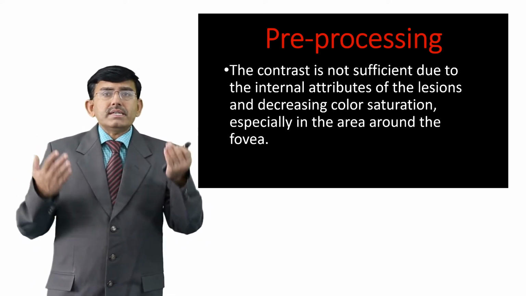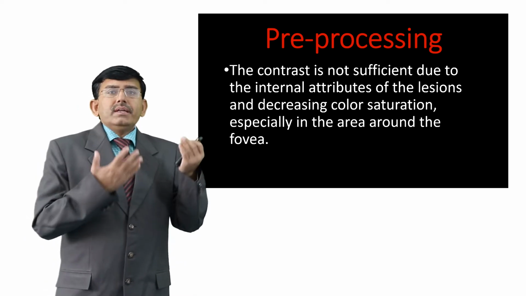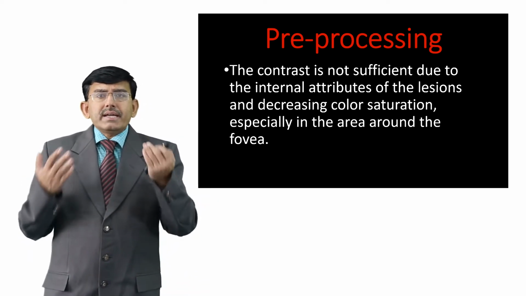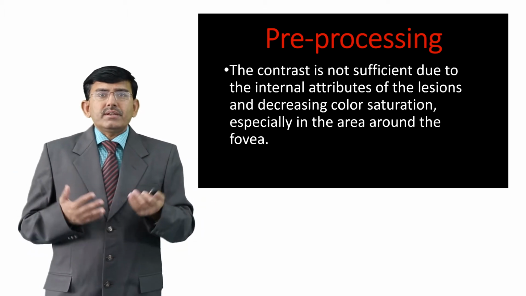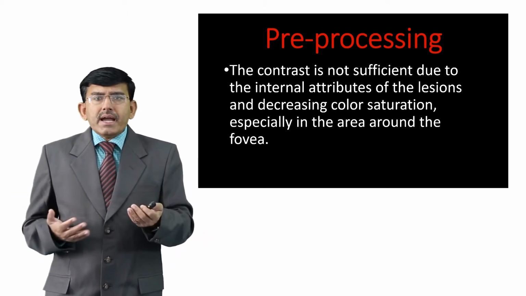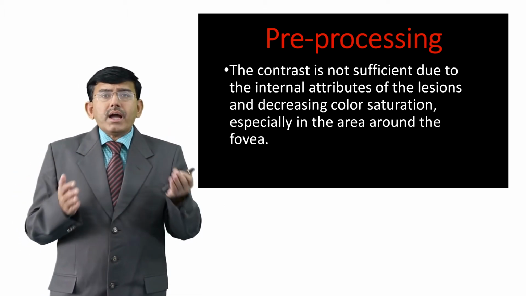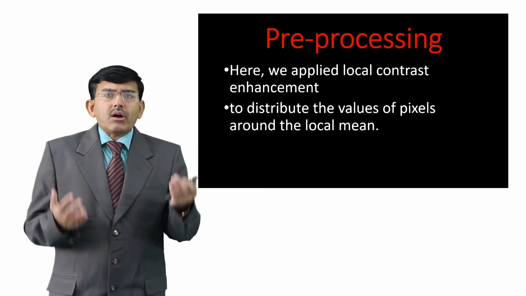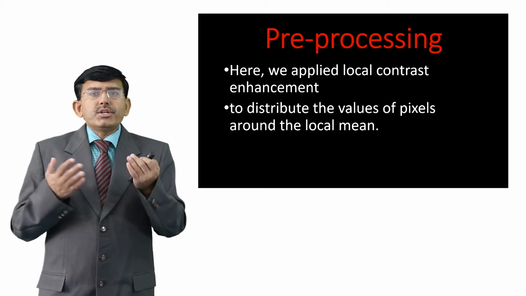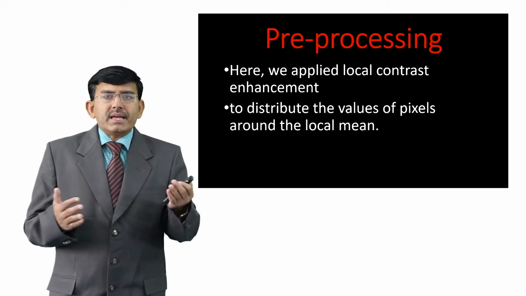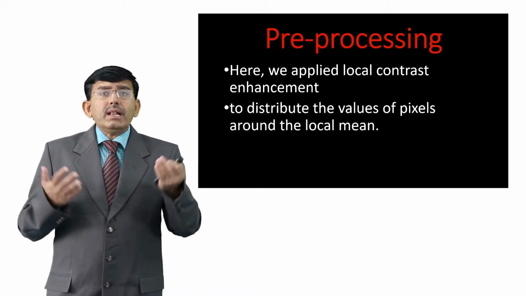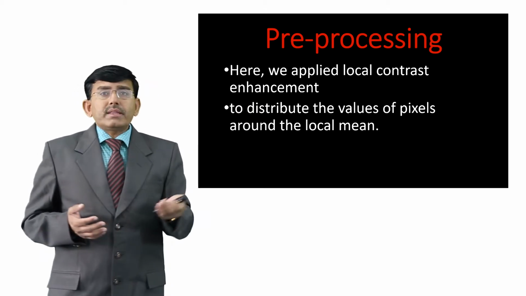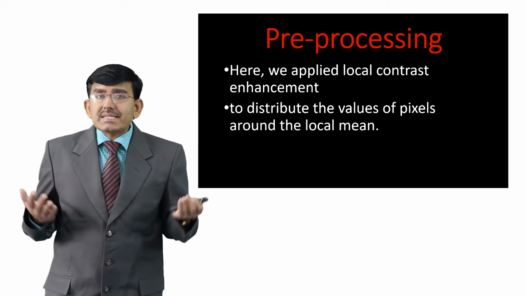The contrast is not sufficient due to the internal attributes of the lesions and decreasing color saturation, especially in the area around the fovea of the retina. Here we apply local contrast enhancement to distribute the value of pixels around the local mean of the value, which has been considered for the purpose of the pre-processing step.